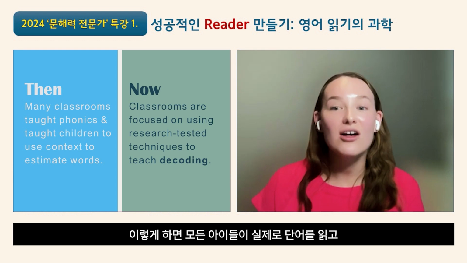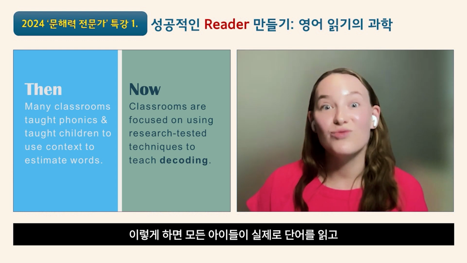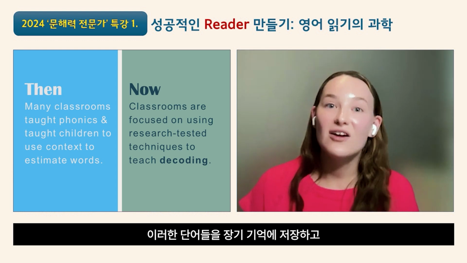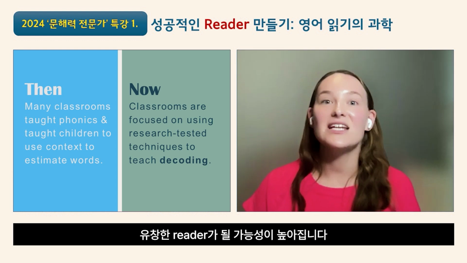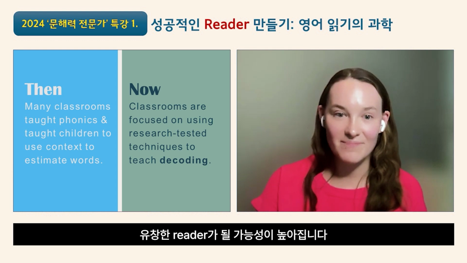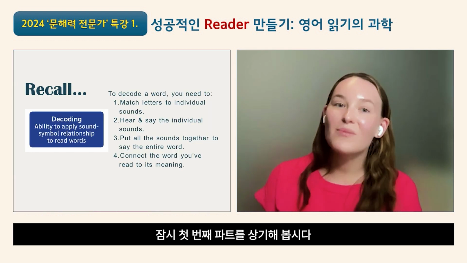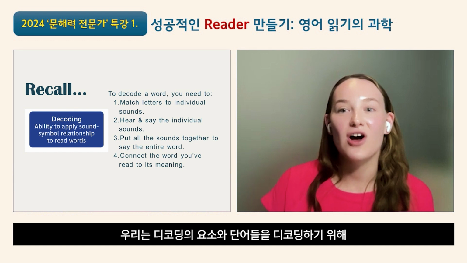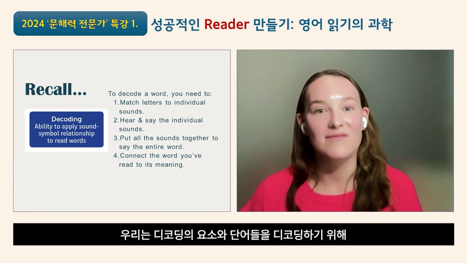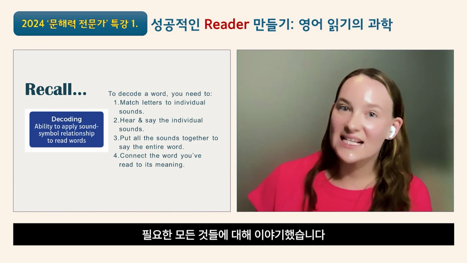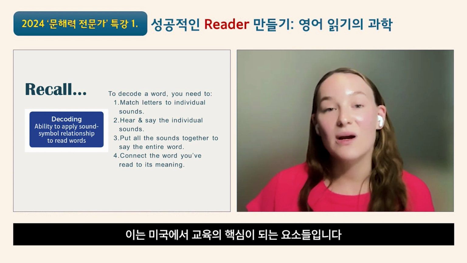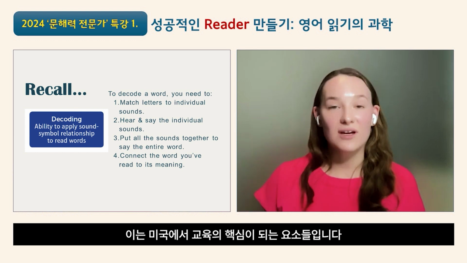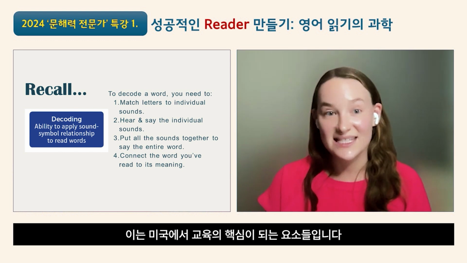This ensures that all children are actually reading words and are therefore more likely to store these words in long-term memory and to become fluent readers. Recall from our first section that we talked about the elements of decoding and all of the things that we need to do in order to decode a word. These represent the elements that are a focus of instruction in the United States.